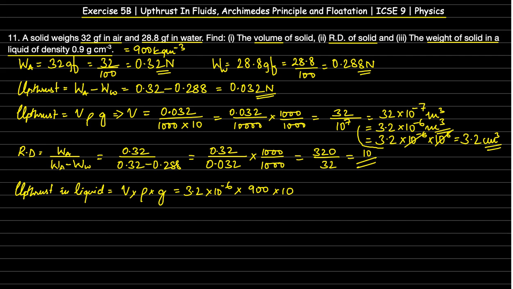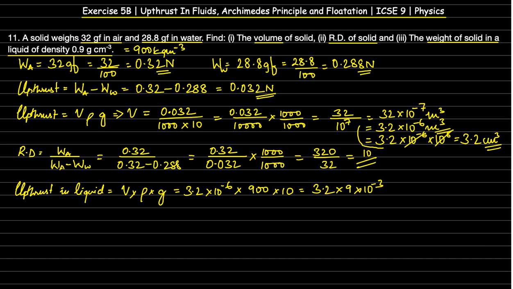So once we do the calculations, we get 3.2 into, here we have 10 to the power of minus 6 and here we have 3 zeros, so that means 10 to the power of 3. So 10 to the power of minus 6 plus 3 gives us 10 to the power of minus 3. So 3.2 into 9 into 10 to the power of minus 3.